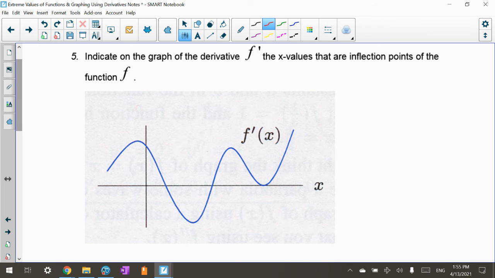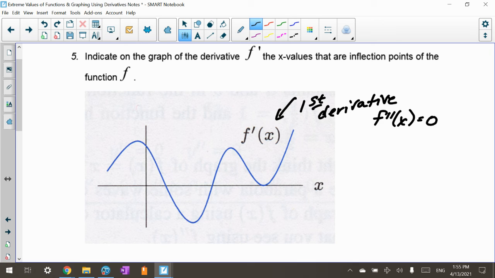Indicate on the graph of f prime of x the x values that are inflection points. All right, so again, this is still my first derivative. Remember, if we're talking about inflection points, that's when f double prime of x is equal to 0. So that means the slopes of your f prime of x are 0.